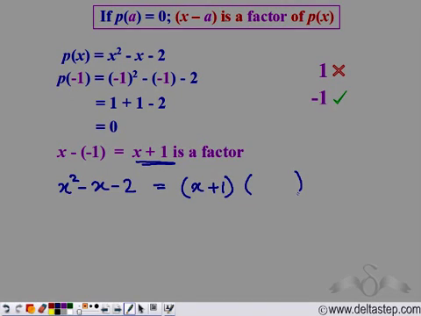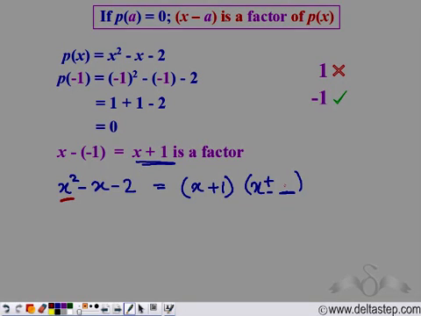We need to have x plus or minus something here in order to get this x square, because x into x will give us x square, which is what we have here.